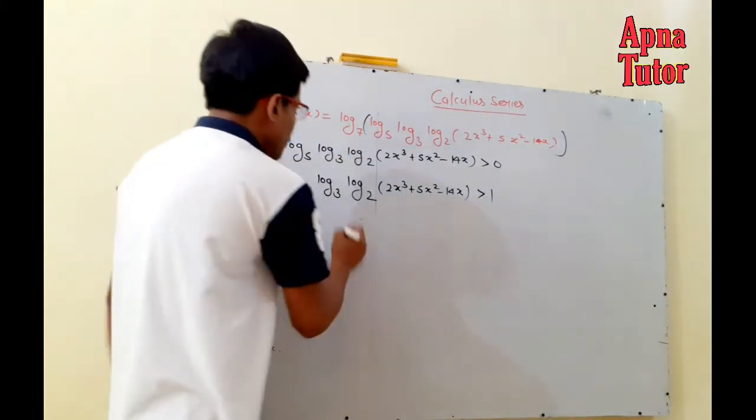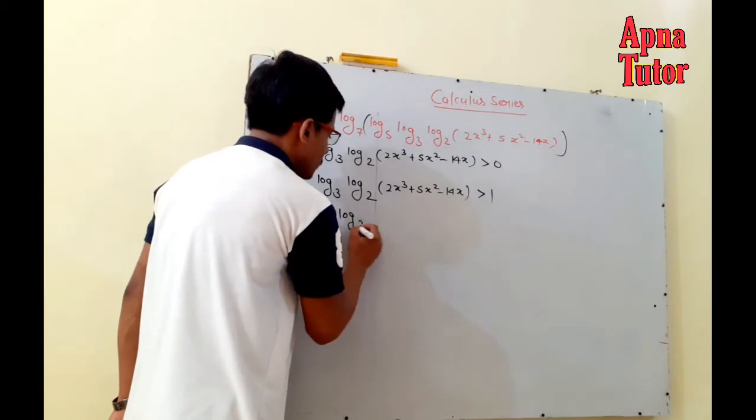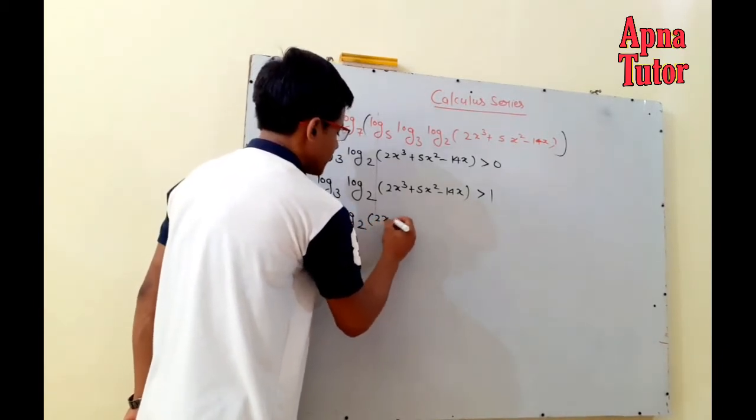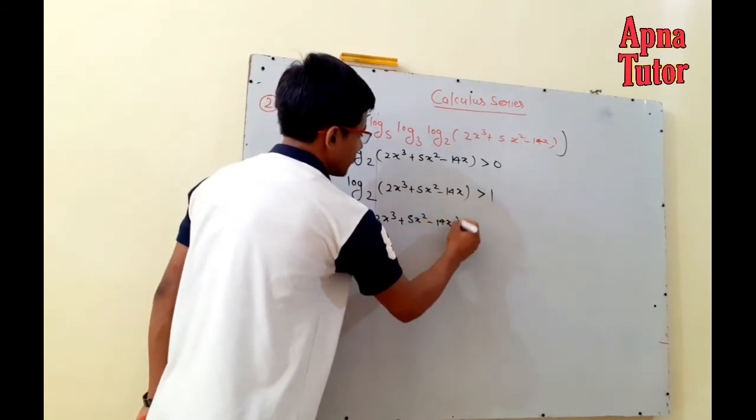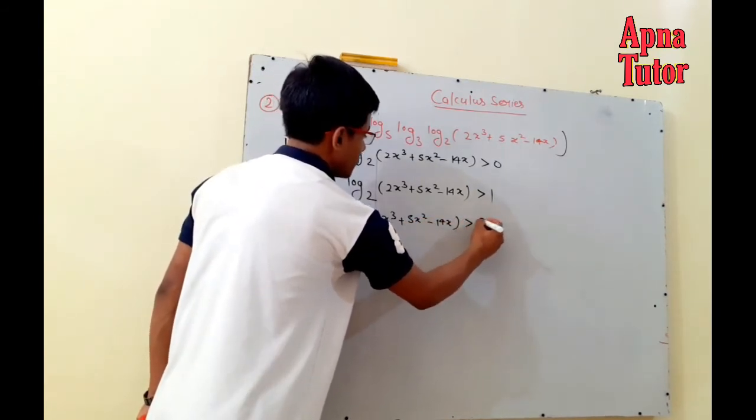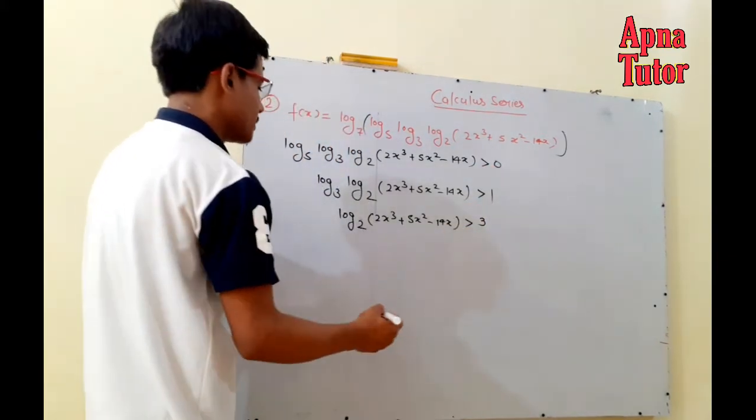Again you have to apply the same. What will come out: log 2 of 2x cube plus 5x square minus 14x must be greater than 3 to the power 1, which is 3.